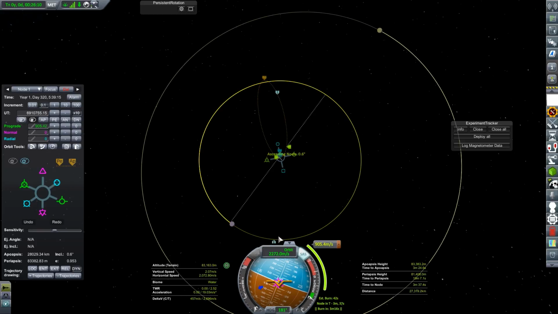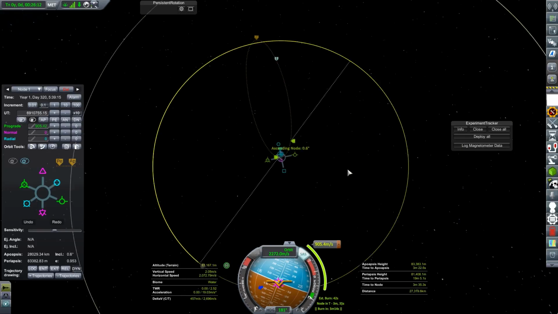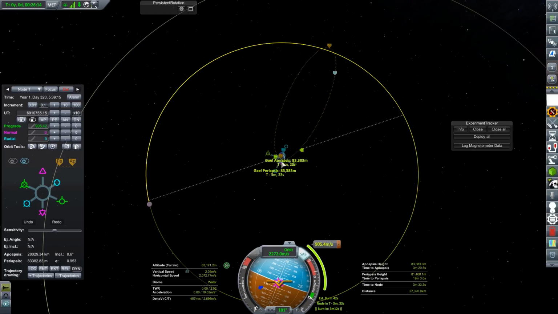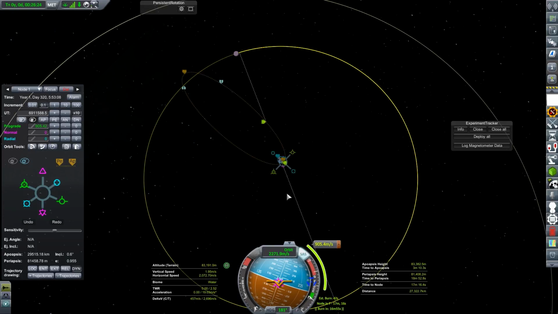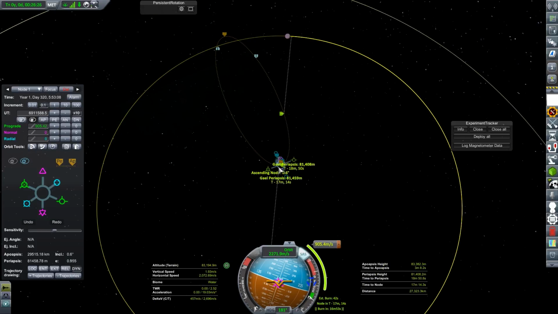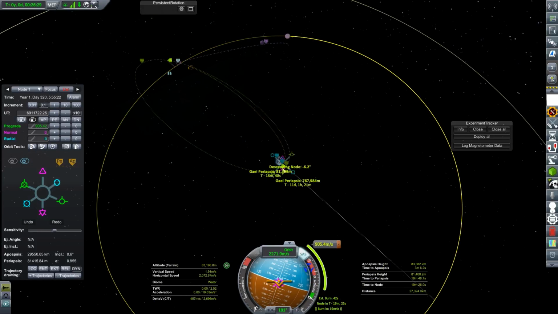So I'm not anywhere near getting an encounter with that. So you can see they're getting kind of closer together, further apart. Okay, so there's an encounter.